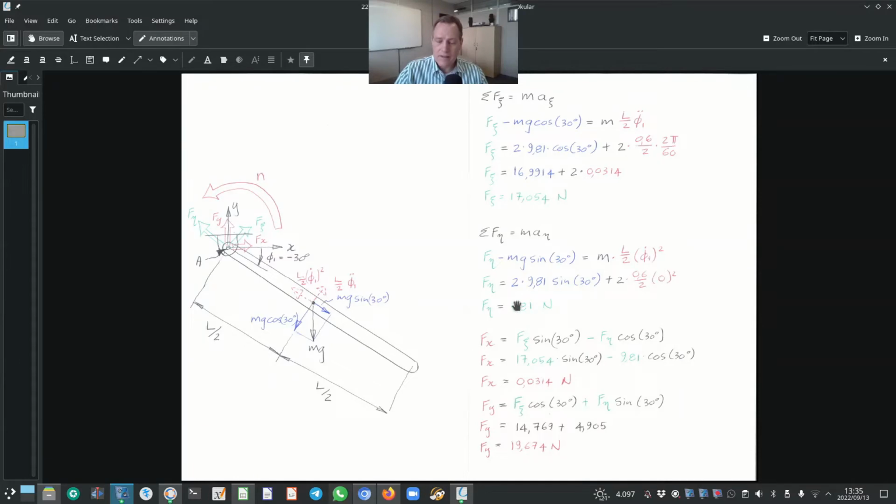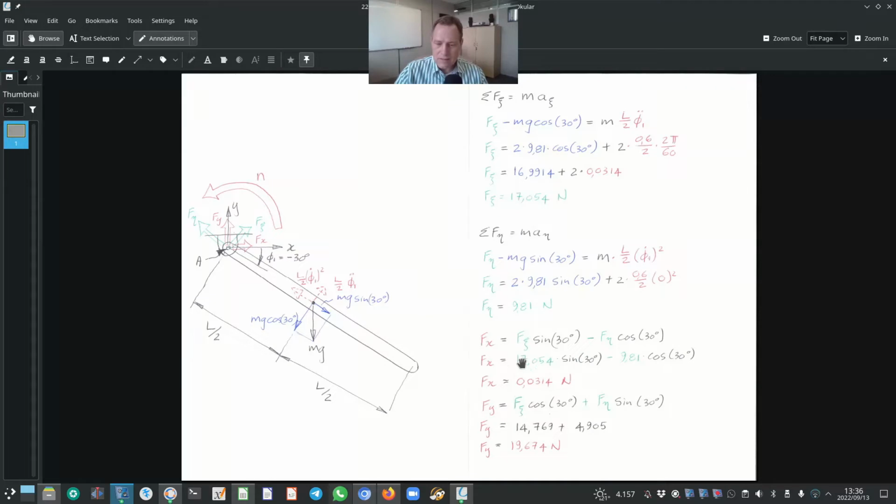But if we substitute the other values, the mass 2 kilograms, gravitational acceleration, sine 30 degrees, we get the reaction force in the positive eta direction as 9,81 newtons.